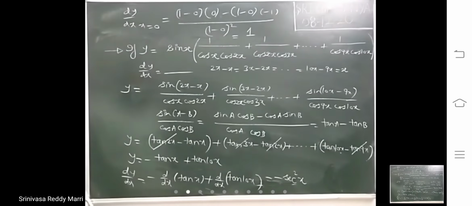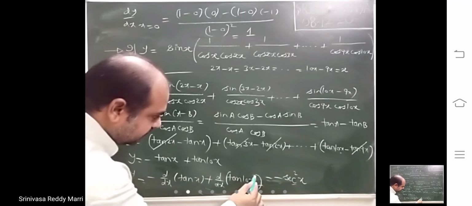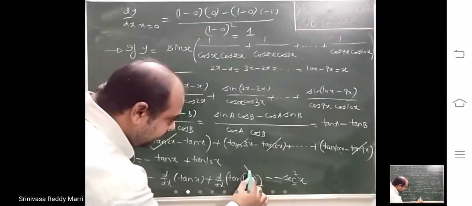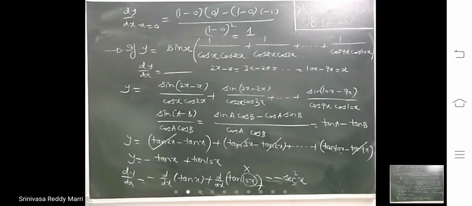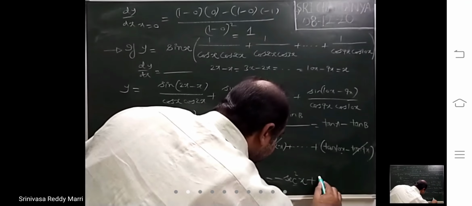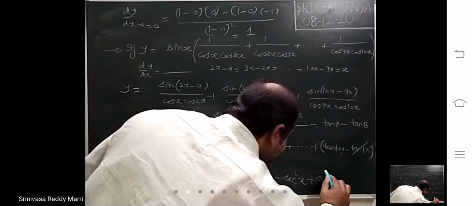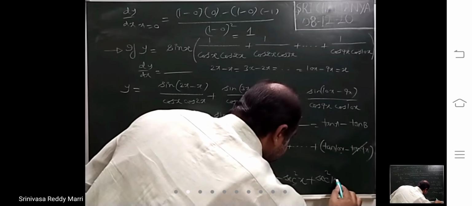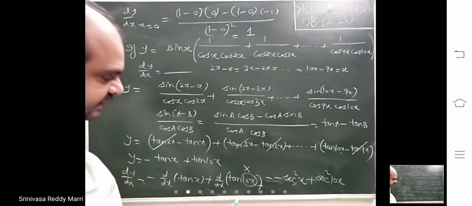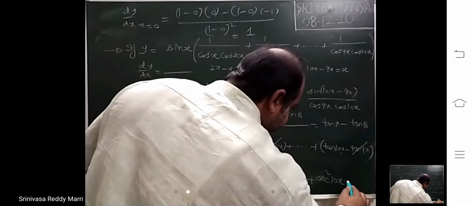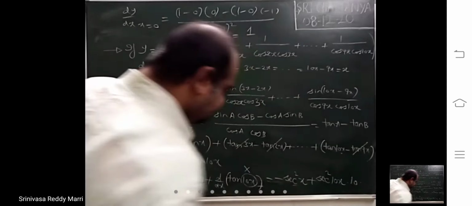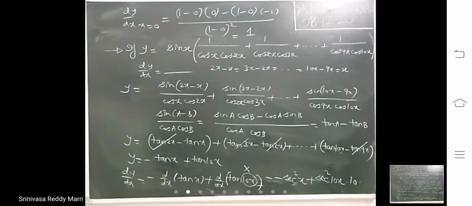Now tan rule, this is capital X. Tan X is what? Secant square X into d by dx of capital X. That is the answer. Like that, after simplification, you have to do the derivative.